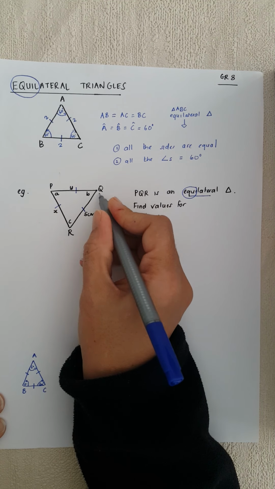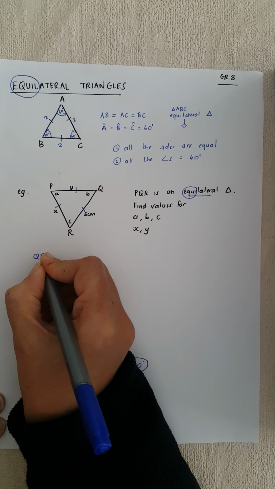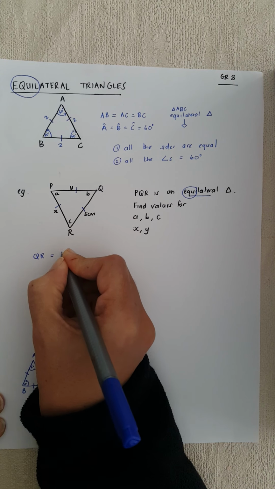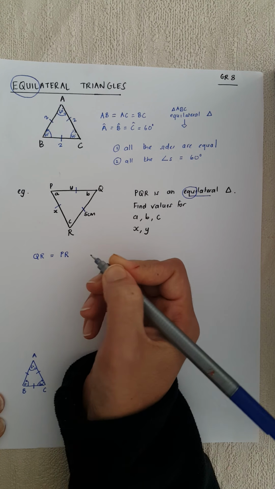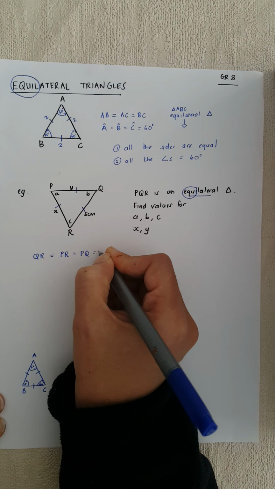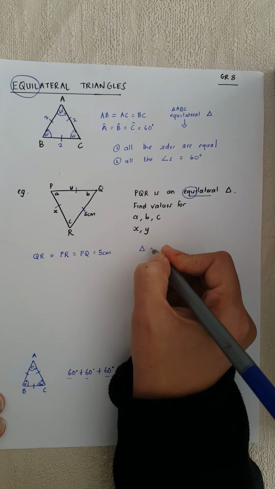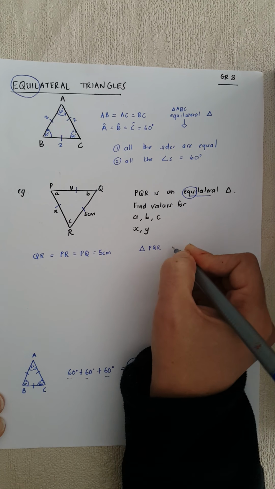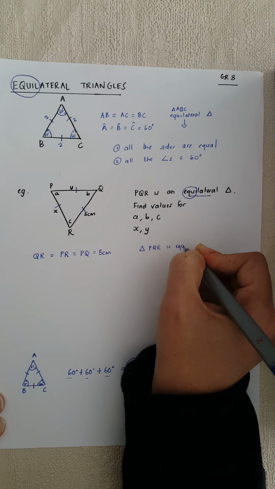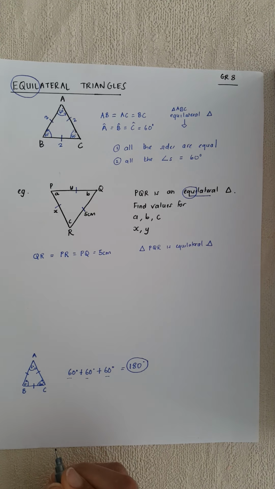I've been given QR is 5 centimeters. So I'm going to say QR is equal to PR, and it's also equal to PQ, and they all are equal to 5 centimeters. And what's my reason? Triangle PQR is an equilateral triangle.